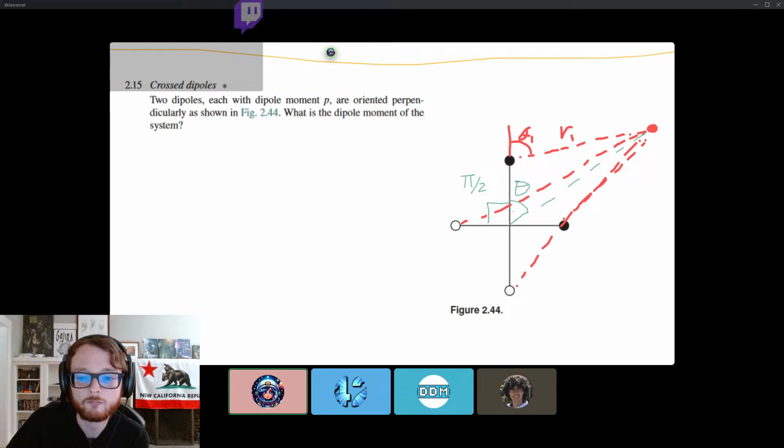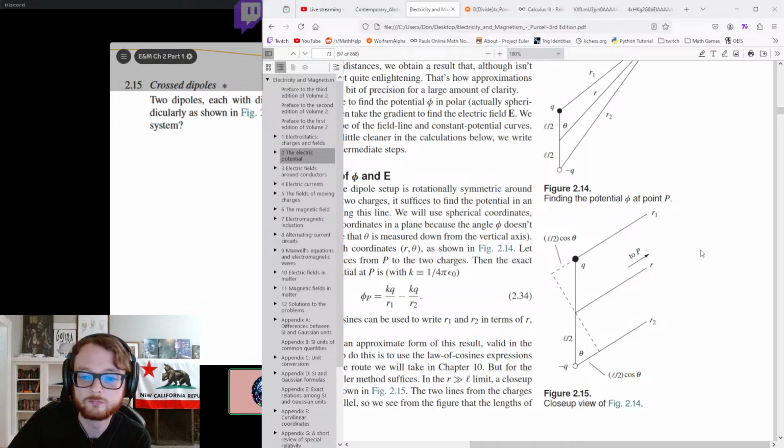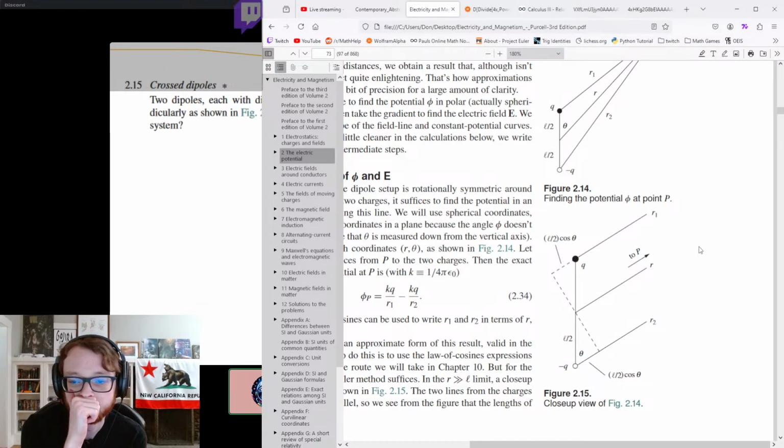So figure 2.15, I think, is a diagram of this setup from the equation we were talking about. And notice how the reference point R appears to me to be in the Z direction. Or am I misreading this picture?